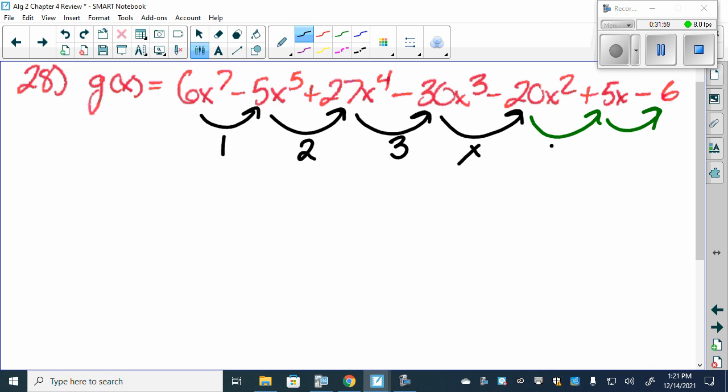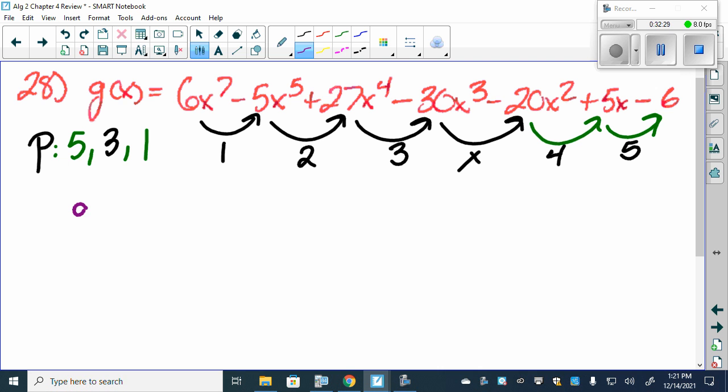X squared to x, we would have our 4th because the signs do change. And from x to our constant term, we would have 5. So the number of possible positive solutions is 5, 3, and 1. Because 5 would be the max, and then we can subtract 2 to get 3, and then subtract 2 to get 1, at which point we can't subtract anymore.